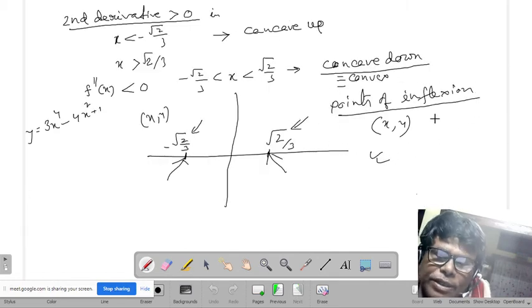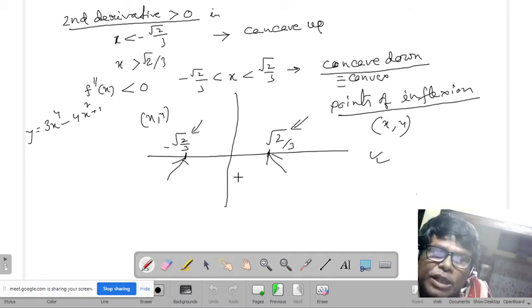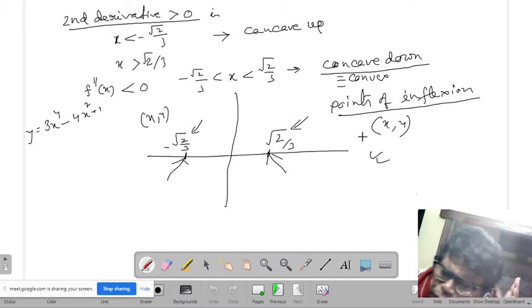These 3 are very important to find out. The point of inflection is a very important concept where the function changes. If you know the points of inflection, then you know that the function invariably changes its direction.